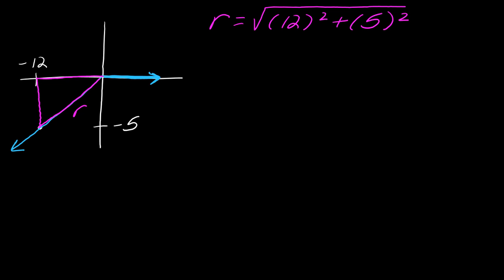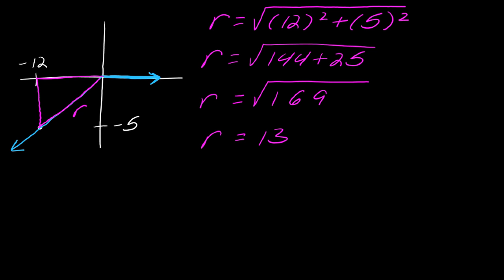So let's first figure out what r is. I'm going to take a little bit of a shortcut with this calculation. I know this side is 12, I know this side is 5, and I eventually get to the square root of 169, which gives me 13. So my r in this case is 13.